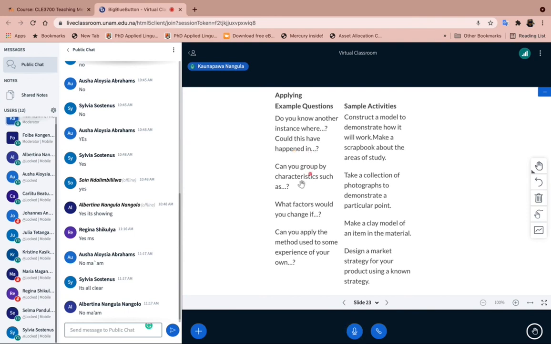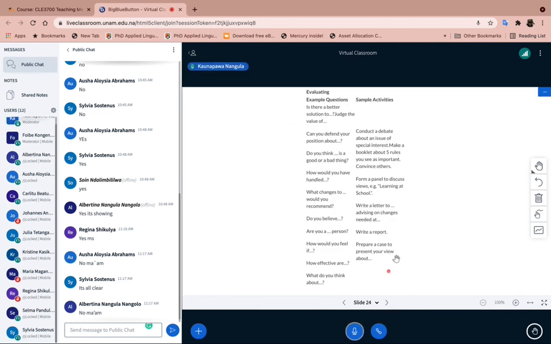Can you group by characteristics, such as whatever they need to characterize? And then here are some examples. Construct a model to demonstrate how it will work. Make a scrapbook about the area of study. Take a collection of photographs to demonstrate a particular point. So these are just some of the examples, and the extra ones you can read on your own, because I just want to finish this quickly.